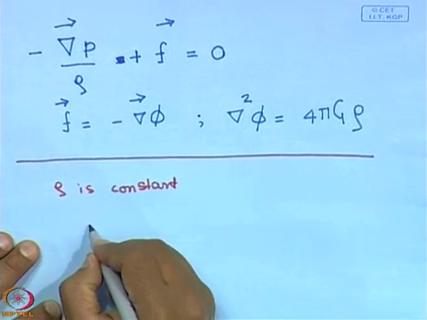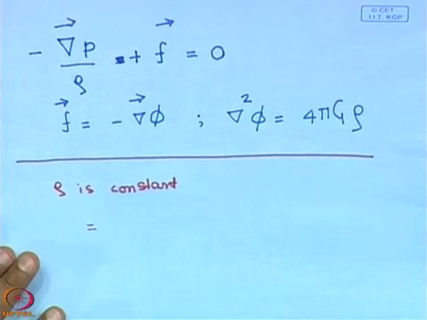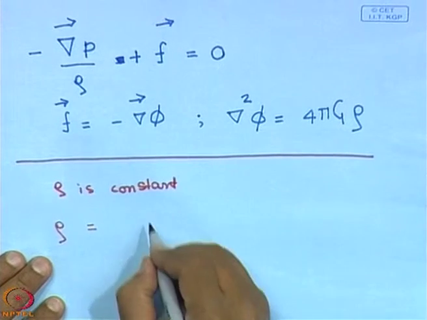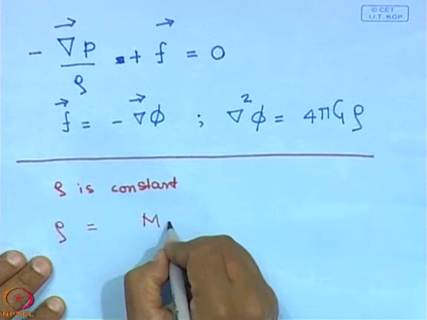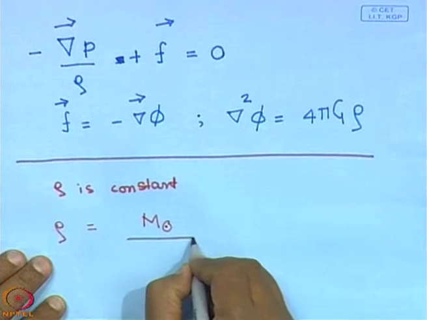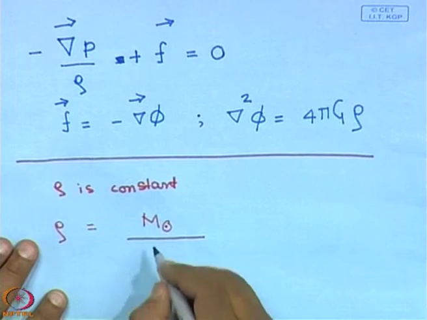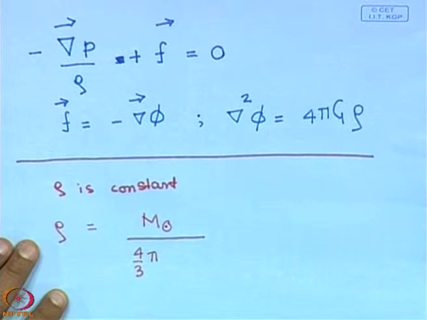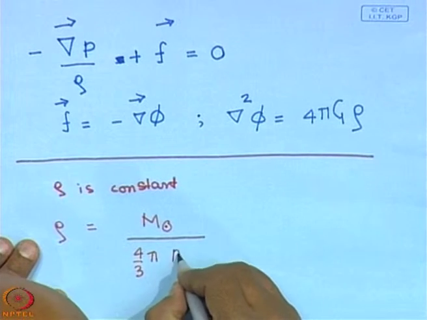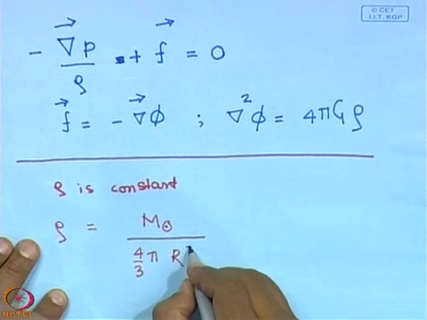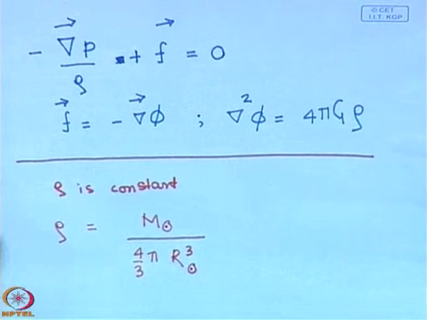This value of the mean density is the mass of the sun, which I have already told you the value, divided by the volume of the sun, which is 4/3 pi R cubed, and I have already given you these values.